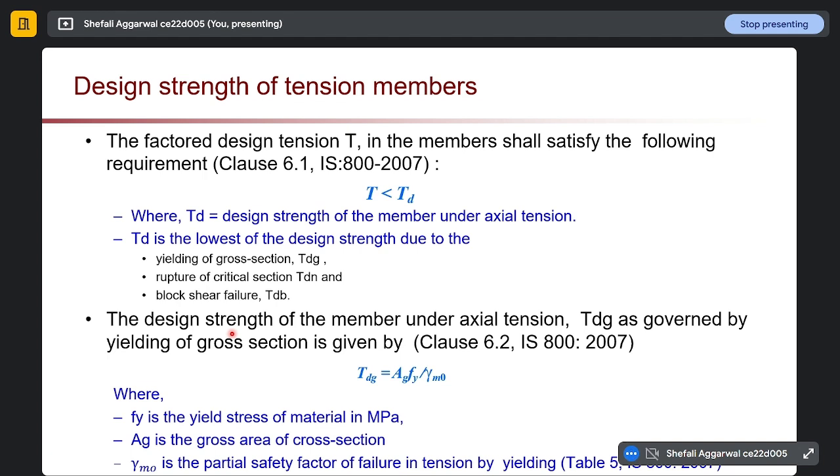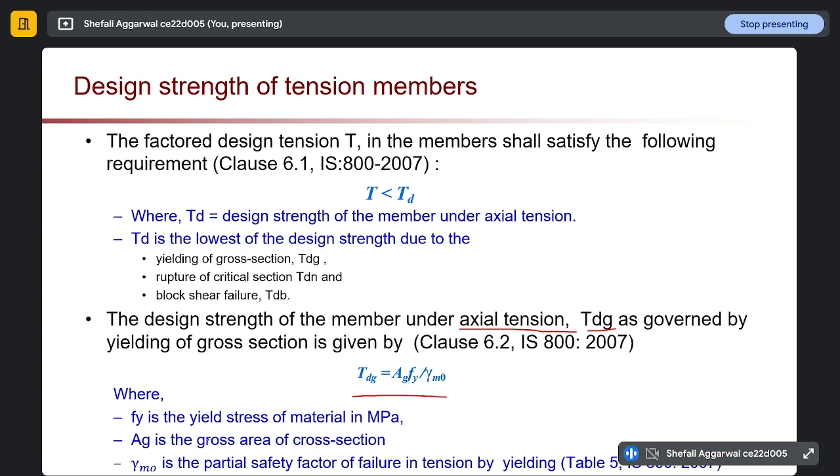Second thing, under axial tensile force, we are calculating TDG. TDG is the yielding of the cross-sectional area. How are we calculating it? It is given by area into stress divided by gamma m0, factor of safety.